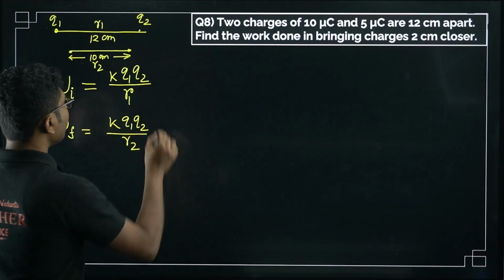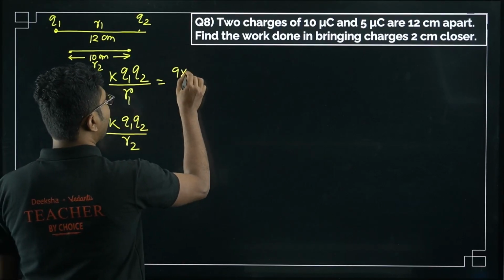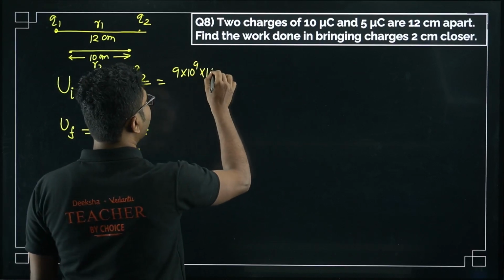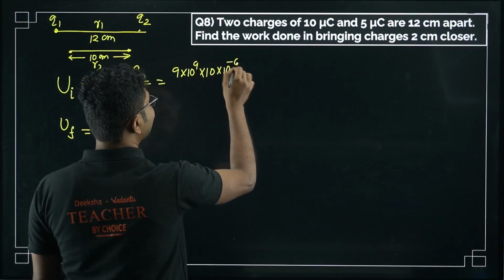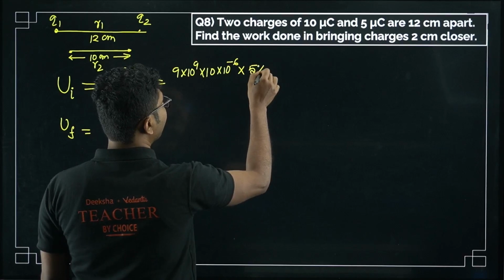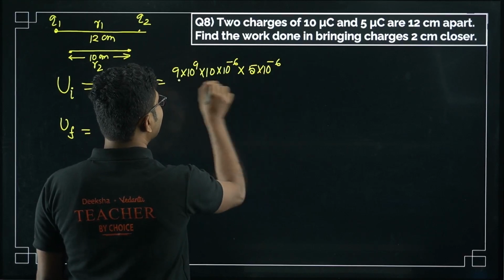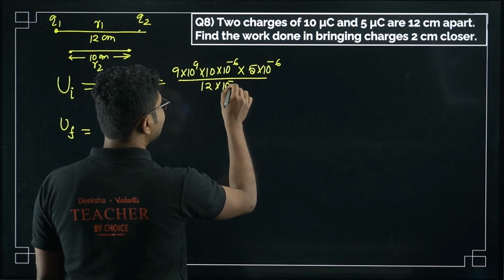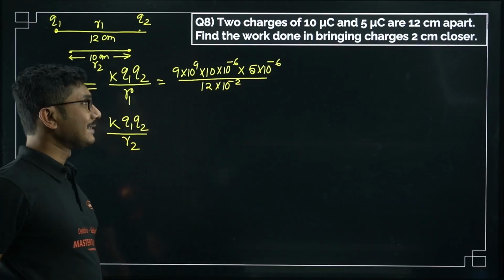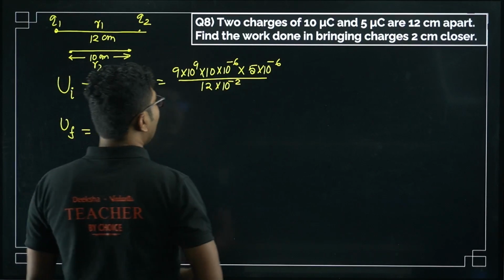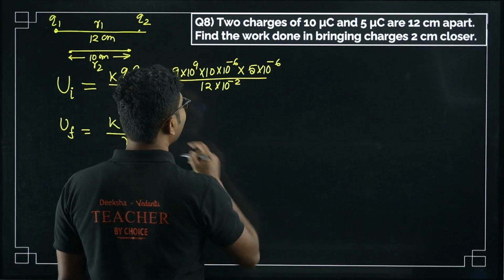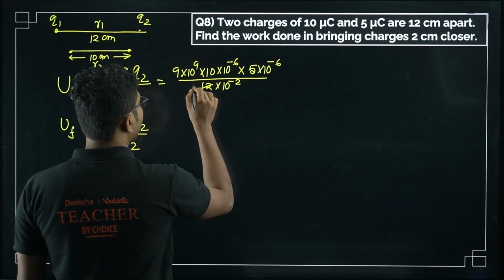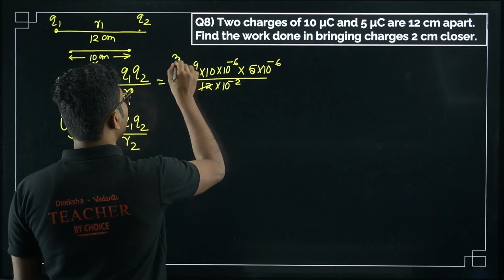So now put the values: 9 into 10 to the power of 9 into charges are 10 microcoulomb, 10 into 10 to the power of minus 6, and 5 microcoulomb, 5 into 10 to the power of minus 6. Initial distance 12 centimeter, 12 into 10 to the power of minus 2. As I said, centimeter to meter, this is the easiest way. Now can I cancel anything? I think not. 3 4s are 12, 3 3s are 9.